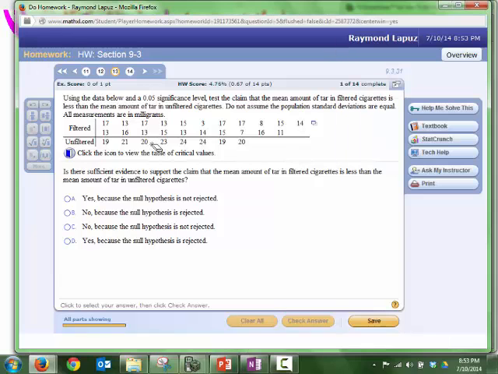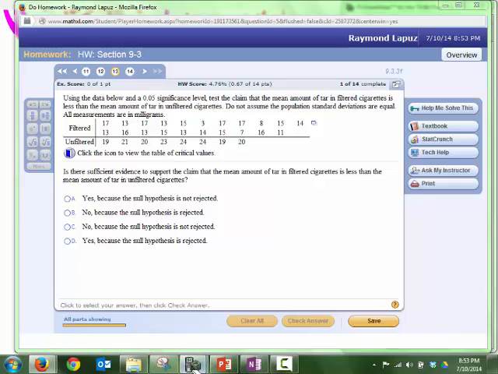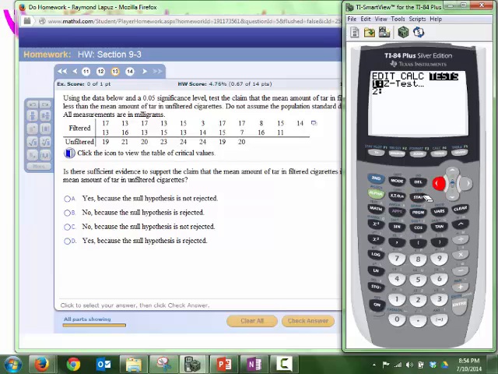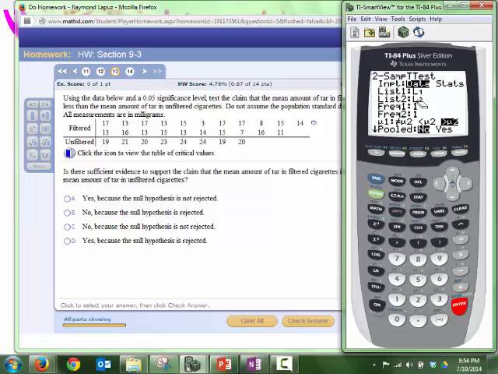I don't want to do this problem, but I want to point out number 13 is an example where you have the data given to you. And so this might be a good opportunity for you to practice and work out where you would do a 2-samp t-test, where you would input all that information into L1 and L2 and use this option where they have, whether you have data or statistics.